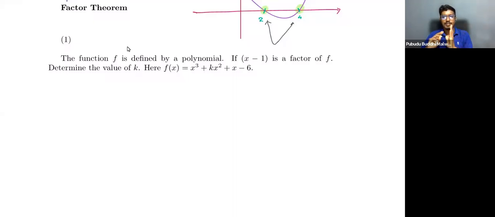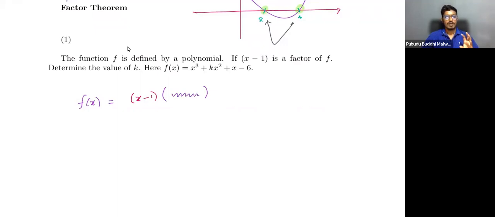If x minus 1 is a factor of f, so this f of x function, x minus 1 is a factor, which means x minus 1 will be inside f of x. Like this, x minus 1. Of course, there will be other terms. Like this. That's not a problem for us.